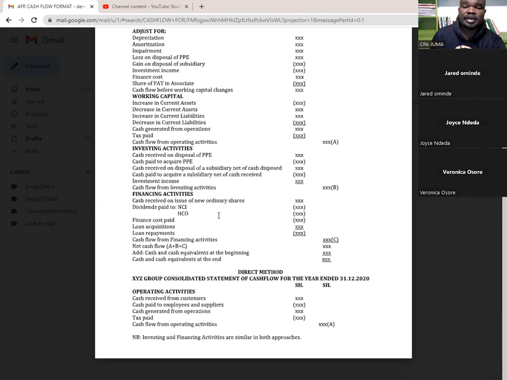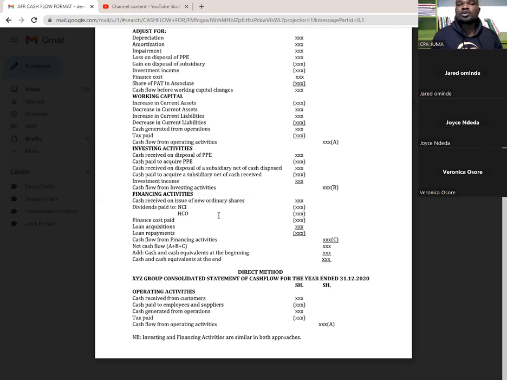Then under the direct method of presentation, also you start with operating activities, in which case you start with cash received from customers, you subtract cash paid to employees and suppliers, then you get cash generated from operations, you subtract tax paid, then you get cash flow from operating activities.